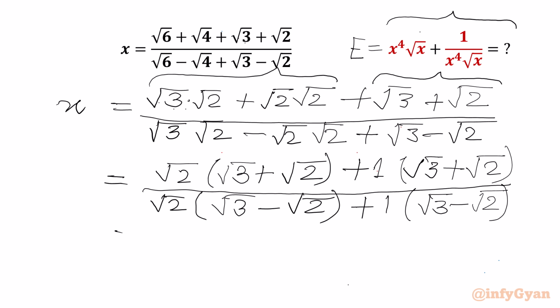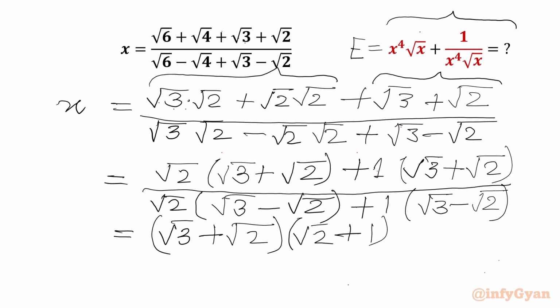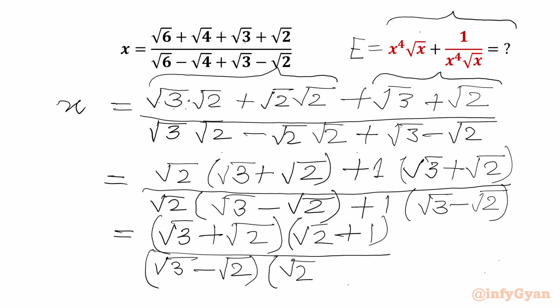Now you can see we can factor the numerator. Once we take root 3 plus root 2 common out, in the other bracket we will get root 2 plus 1. Over, root 3 minus root 2 is common out, so in the other bracket we will get root 2 plus 1.